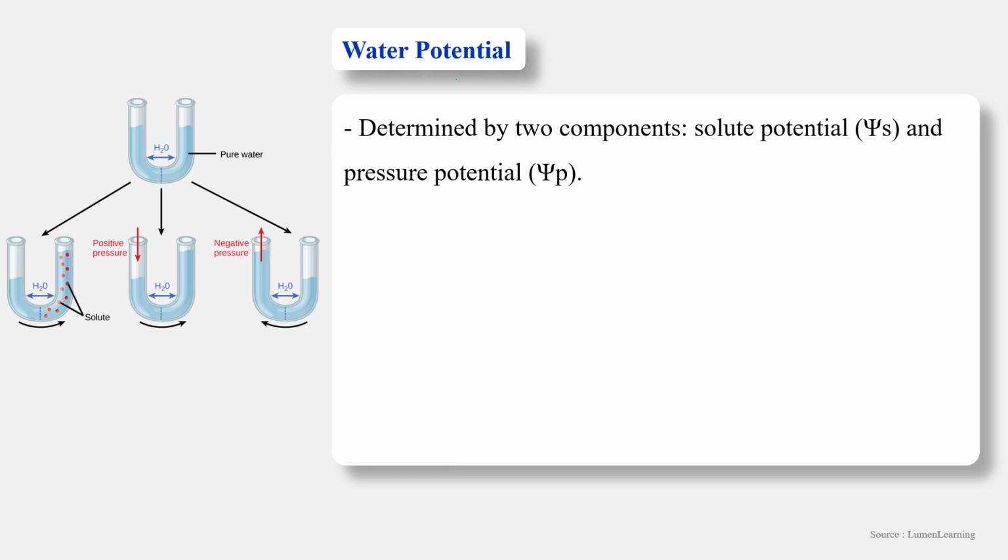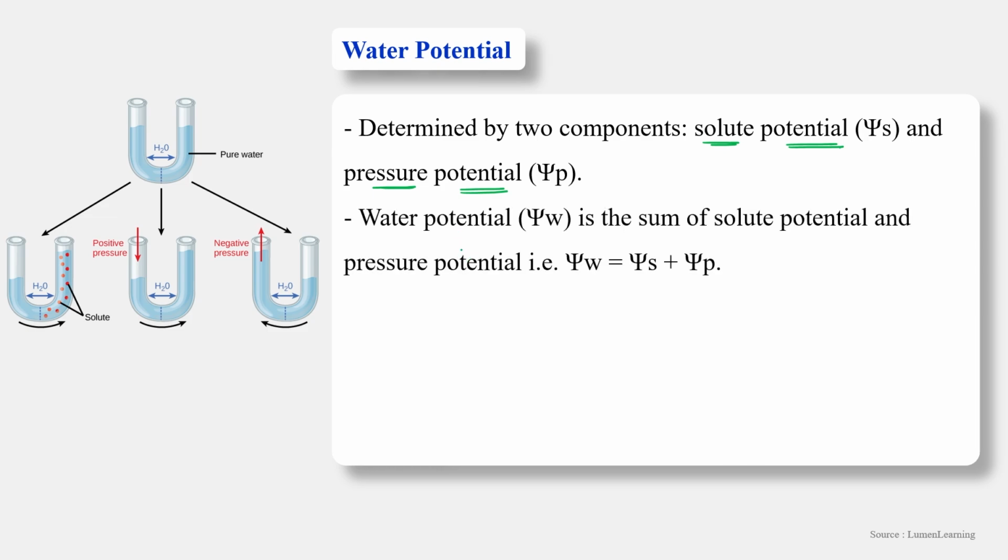So water potential is determined by two components. First is solute potential, which is known as psi s, and pressure potential, psi p. Okay, so this water potential is determined by two components, solute potential and pressure potential.